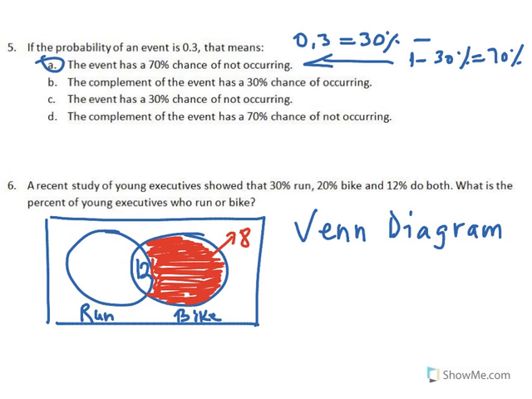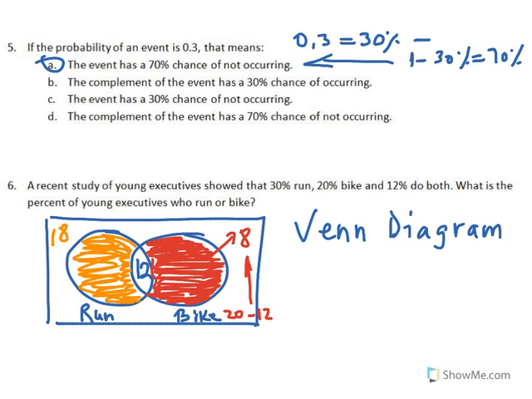Yes, it is. Because 20% who bike minus 12% who do both, that will be 8%. What about this crescent right over here? How many percent run? 30%. How many percent do both? 12. So 30 minus 12, that will be 18%.